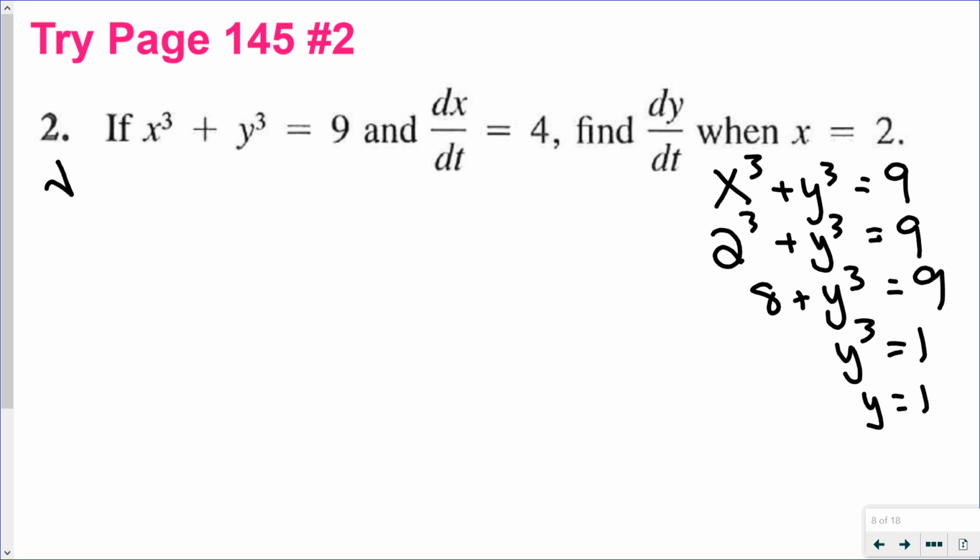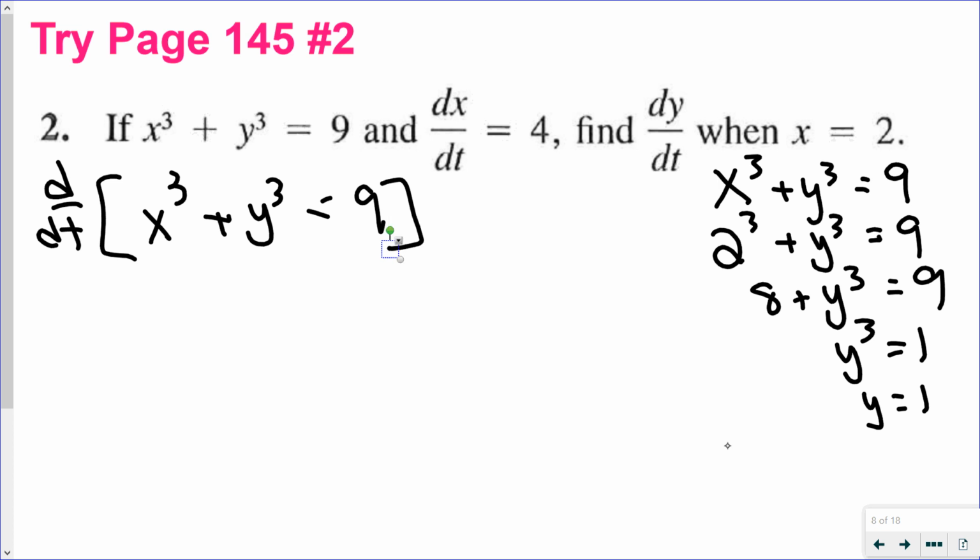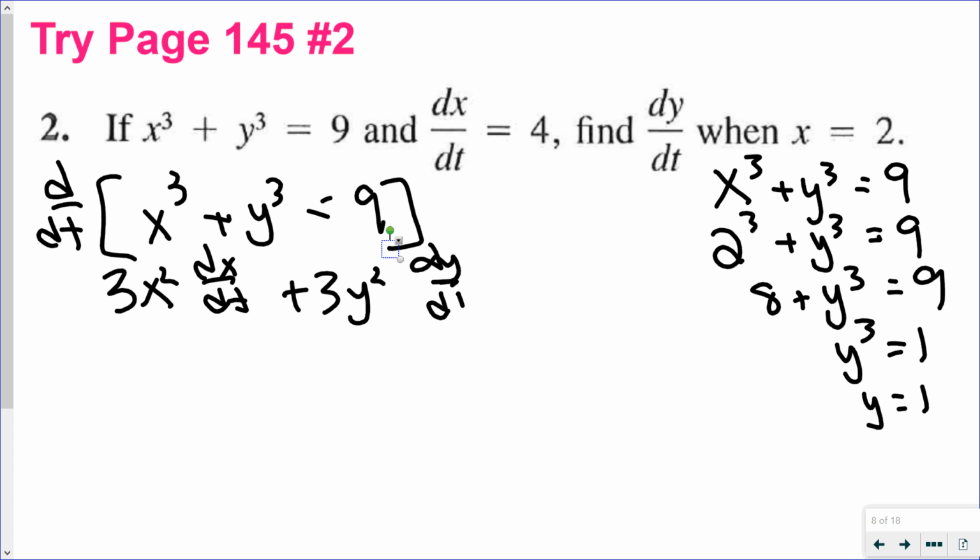So I want to take the derivative with respect to time of x cubed plus y cubed equals 9. So this will be 3x squared dx by dt plus 3y squared dy by dt equals the derivative of a constant, which is just 0. So now I just plug in everything that I'm given to solve for dy by dt.